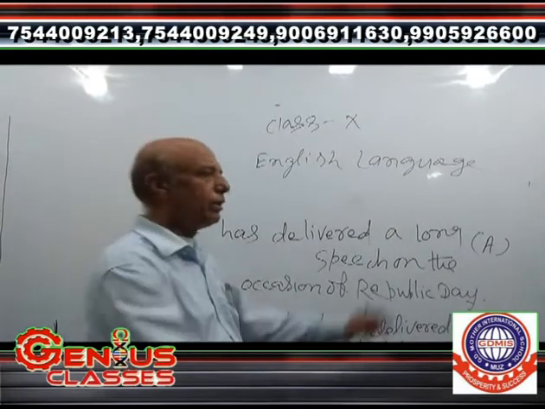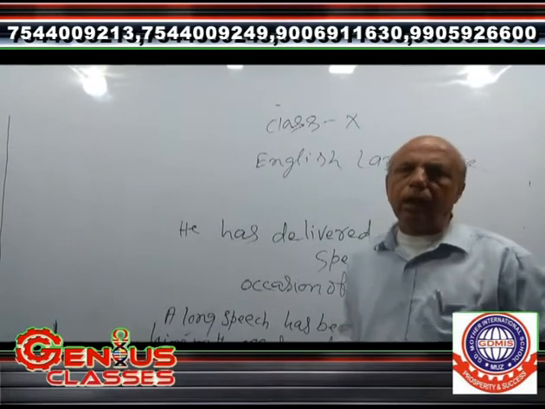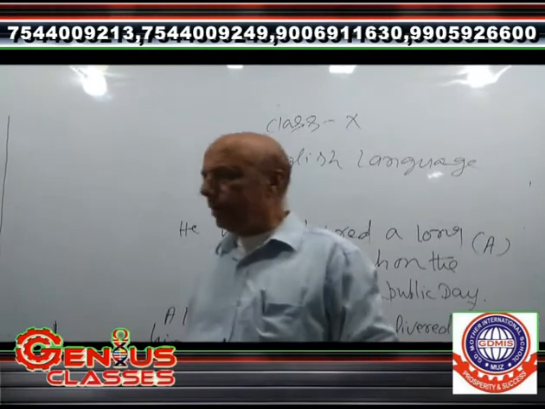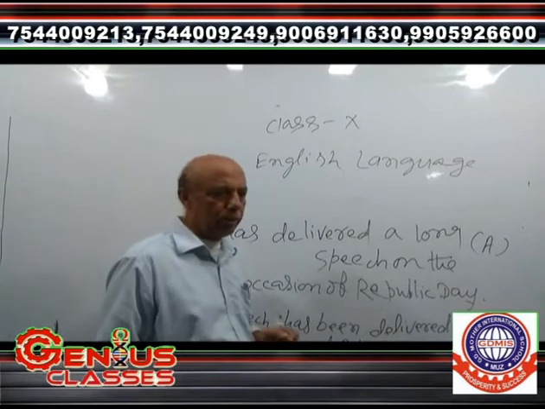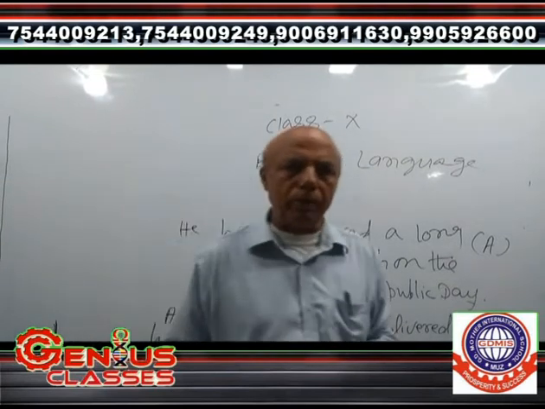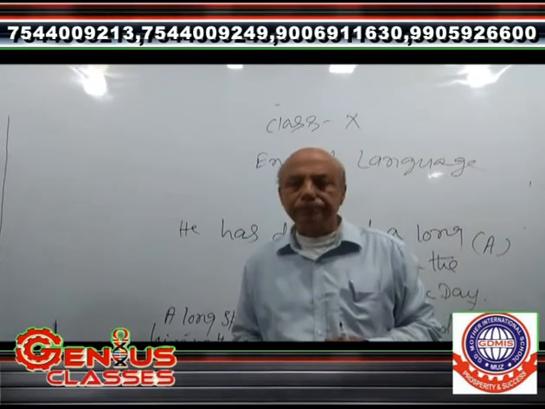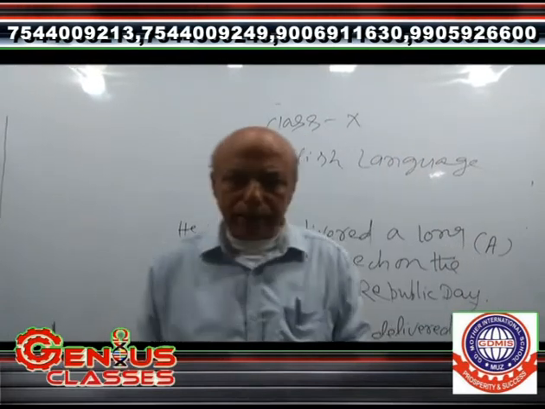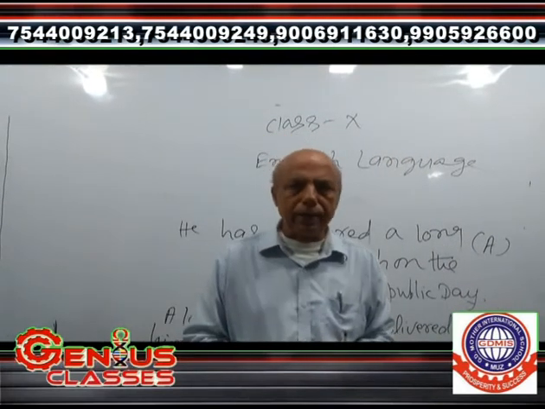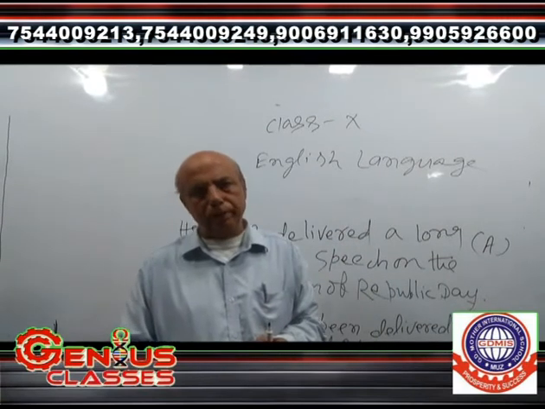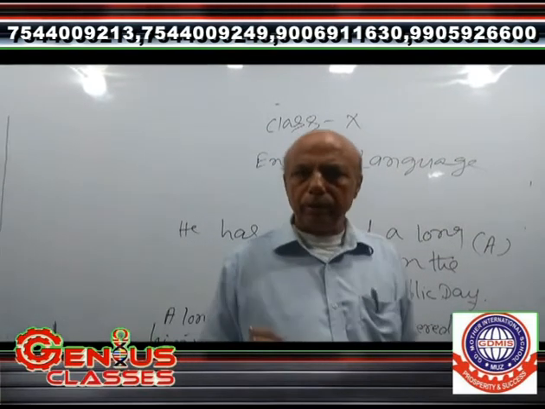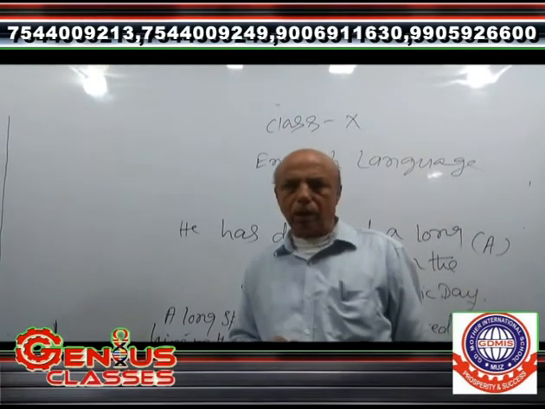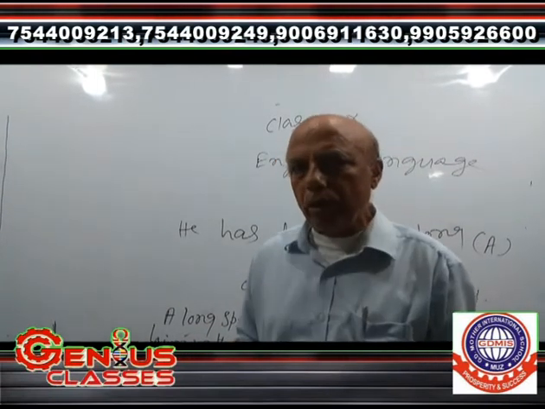So in this context, I have described four rules and a part of how to change from active into passive of present. Present means simple present, present continuous and present perfect. I have described every rule of three tenses.